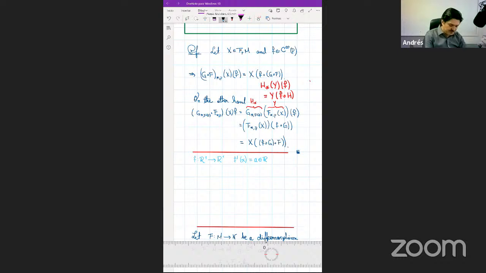Now, basically what you study about this are two things. Either A is 0 or A is non-zero, right?